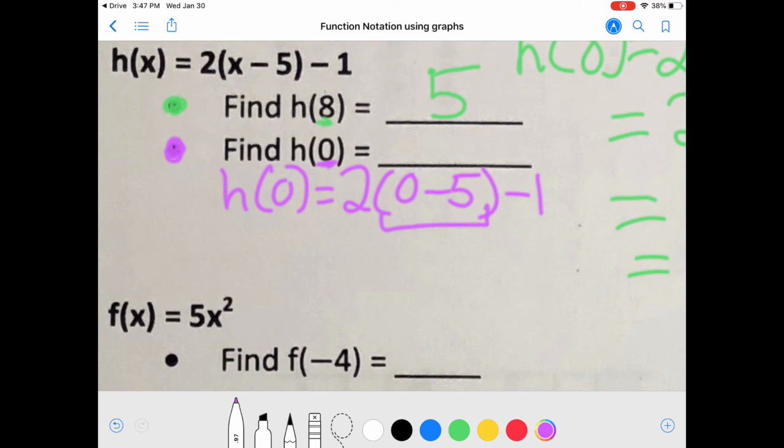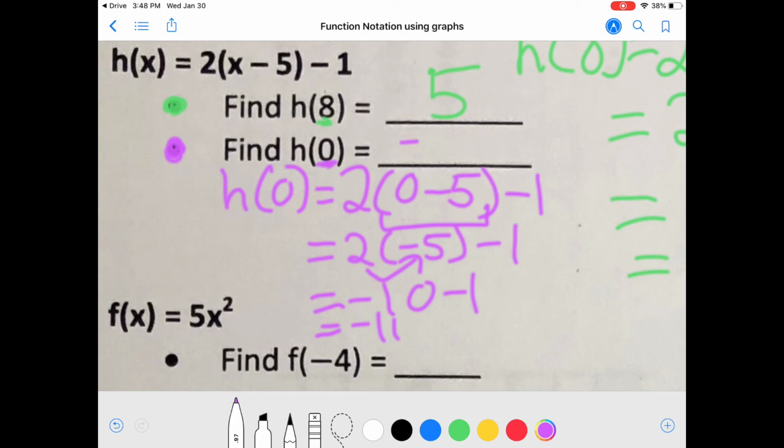So we've got to figure out what our parentheses is first. So 0 minus 5 is just negative 5, minus 1. And then 2 times negative 5 is negative 10, so positive times a negative, minus 1. And then negative 10 minus 1 gives us negative 11.